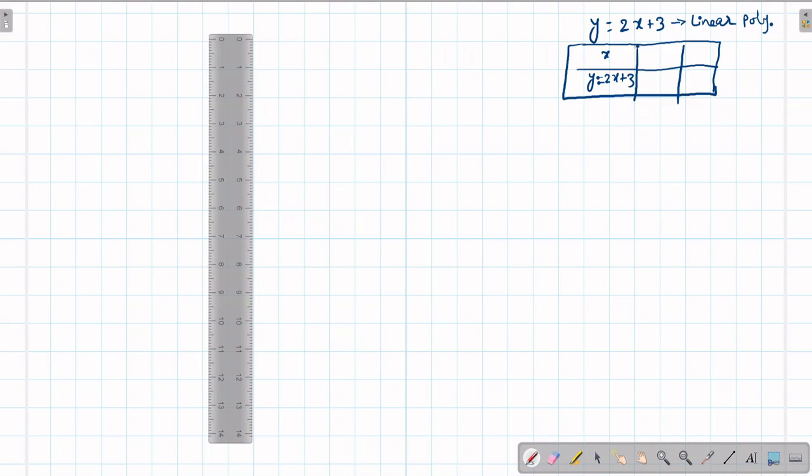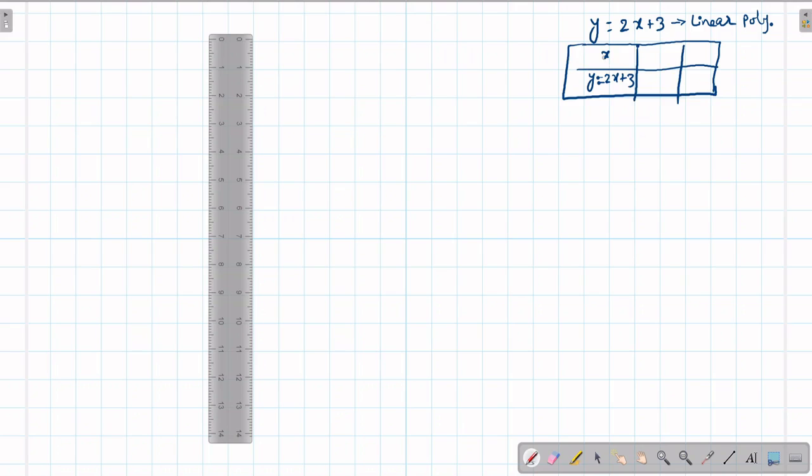Let's take an example of a linear polynomial. Say y = 2x + 3. So here the polynomial is 2x + 3, which is a linear polynomial. What you will do is make a table like this, x, and here y = 2x + 3.